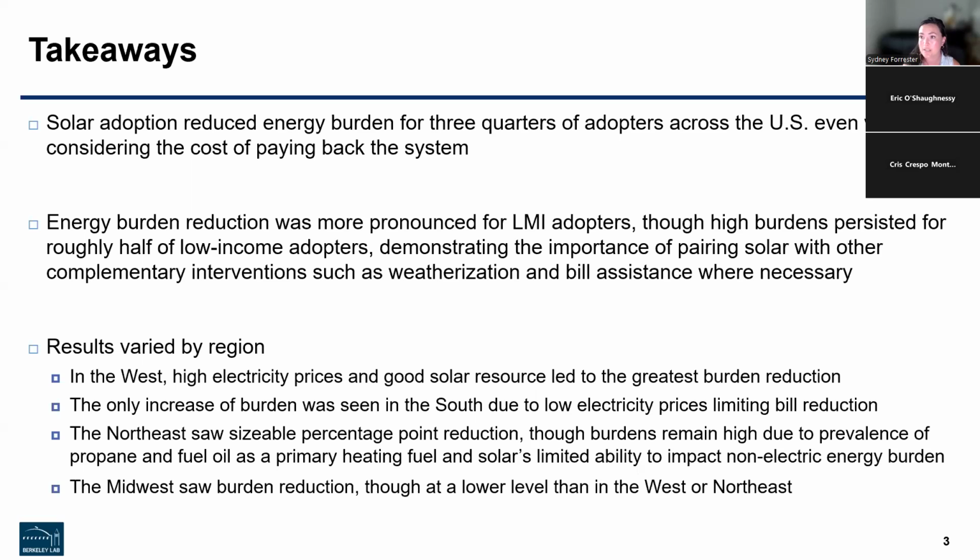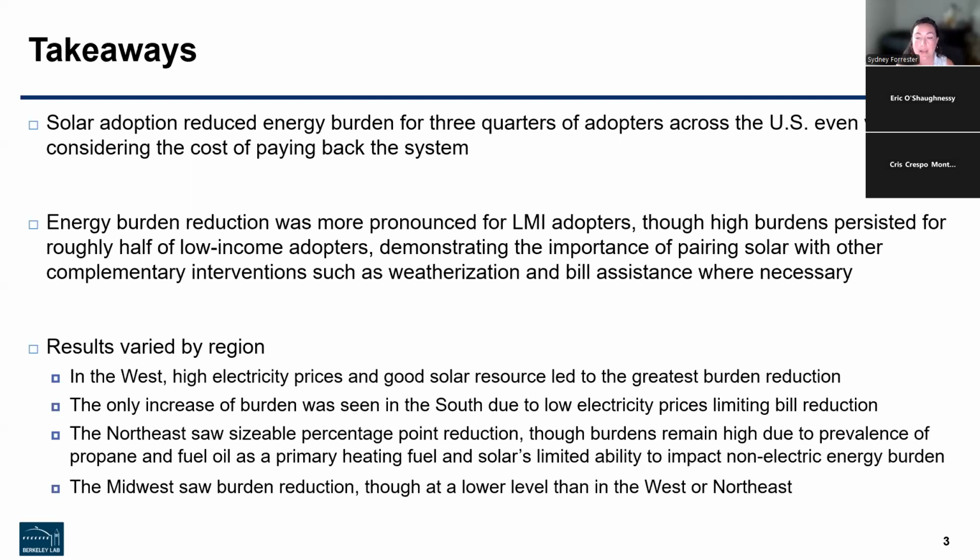And we really focused a lot on those groups. And what we found was that the energy burden reduction on a percentage point basis especially was more pronounced for low and moderate income adopters. Even so, when just focusing on that 80% of AMI or less, what we found was that the percentage point reduction was very large for this group.